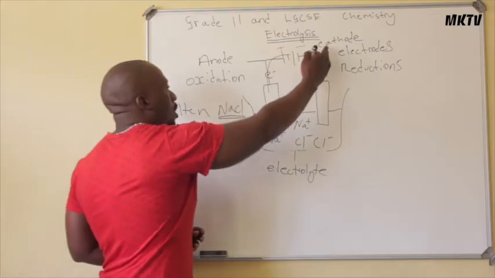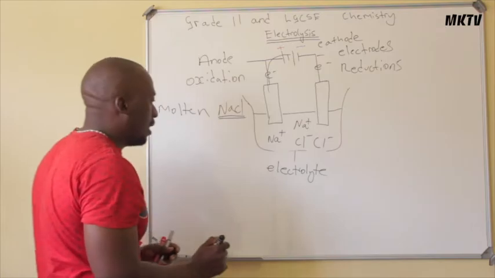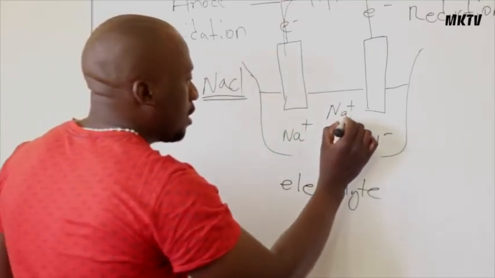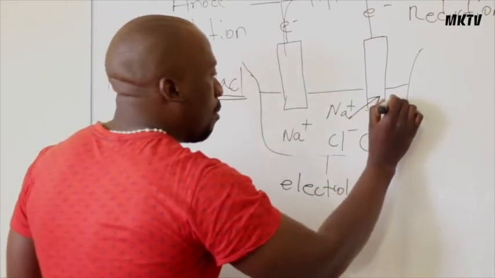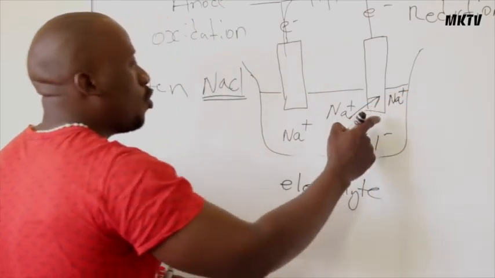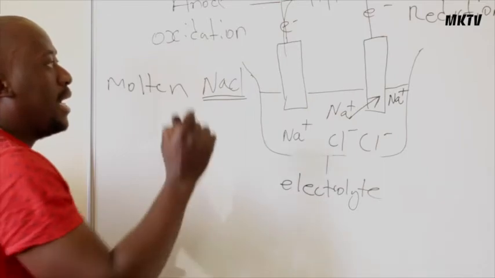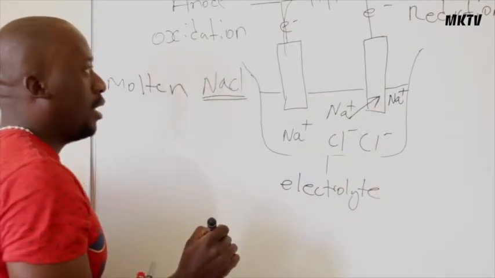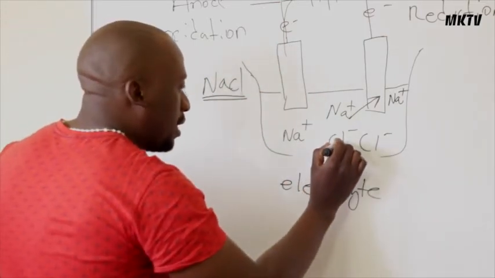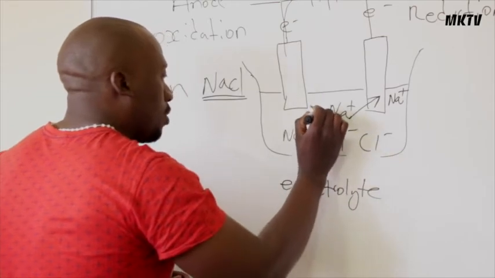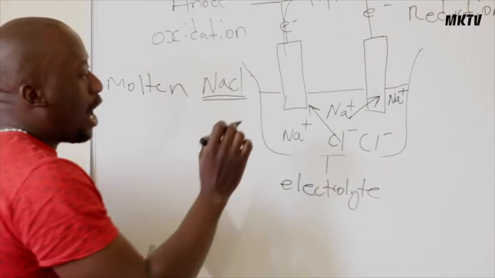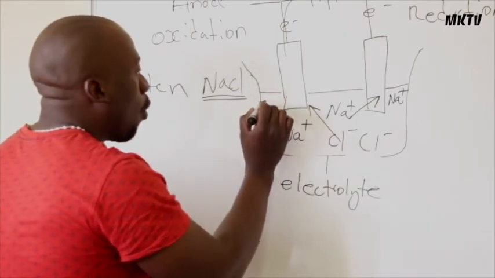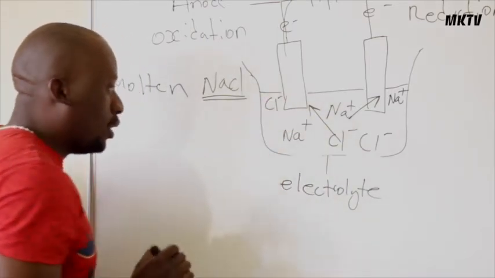The cathode, which is the negative terminal, is going to attract the positive ions, which means sodium ions are going to be attracted to the negative terminal. And the negative ions, which are the chloride ions, are going to be attracted towards the anode.